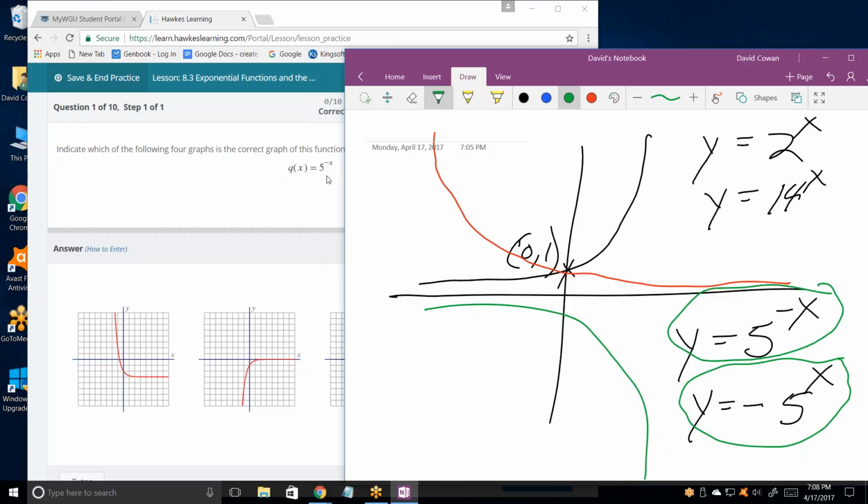So when you have 5 to the minus x, the secret is determining, well, if I know what 5 to the x looks like, I know that I'm looking at the reflection over the y-axis.